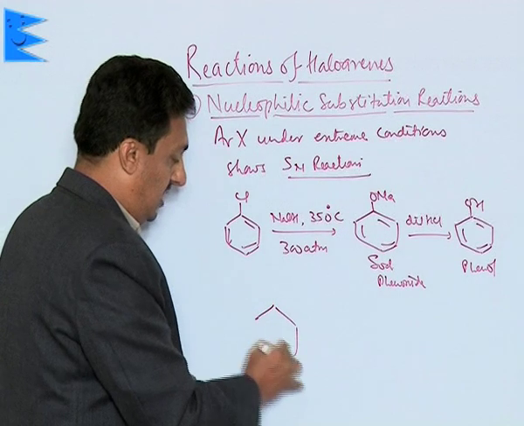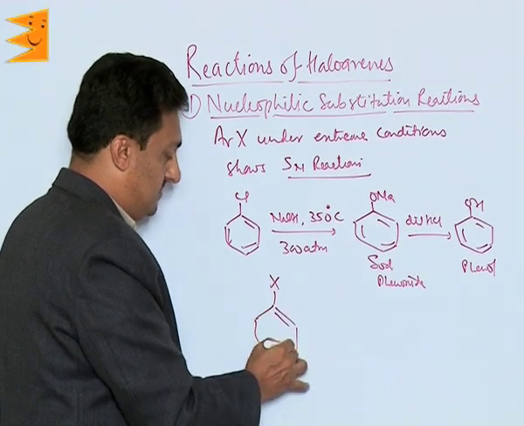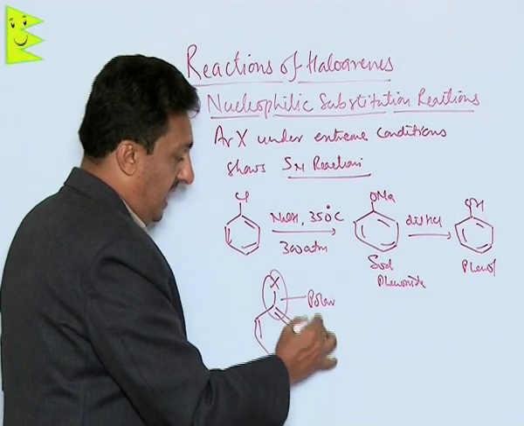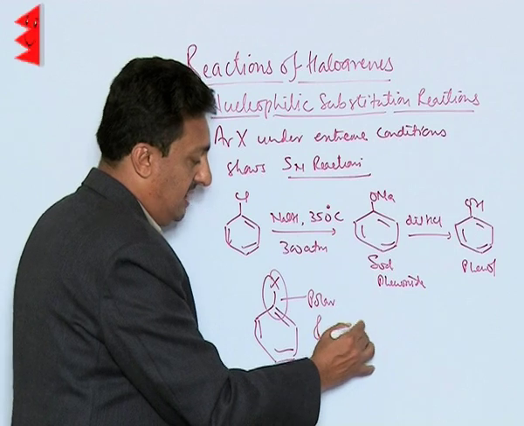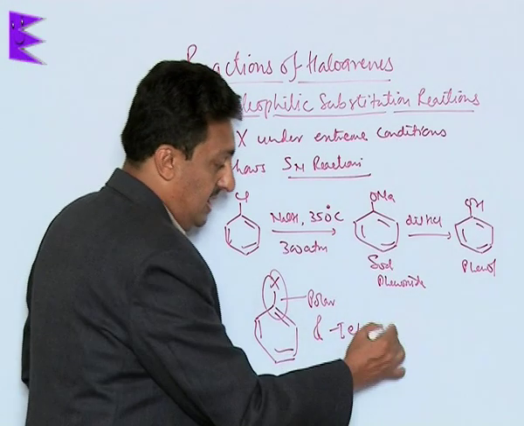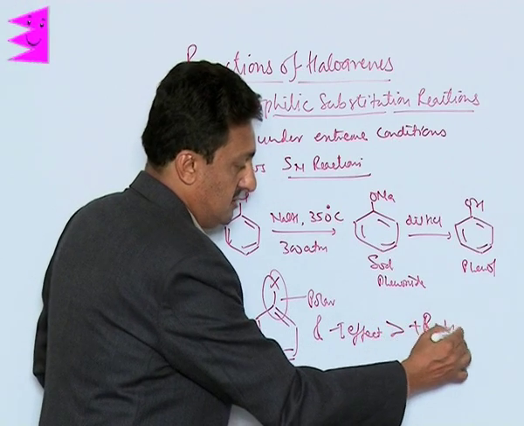The answer is because the C-X bond is still highly polar. The minus I effect of the halogens in these aryl halides is more powerful than their plus R effect.